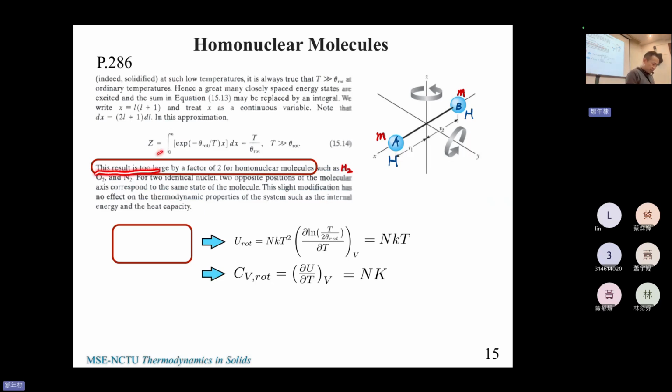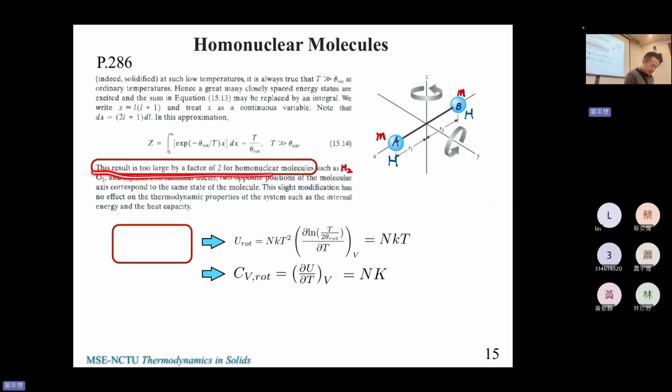The result, the Z, is too large by a factor of 2, which means that the possible states should be divided by 2, because your H here, if you rotate, they are the same. But if previously this is AB, you rotate, it becomes BA, they are different. So H and H, you rotate, the same. So your possible states need to be divided by 2.